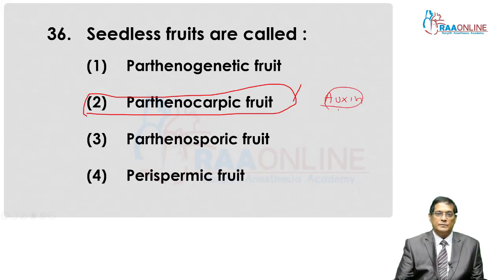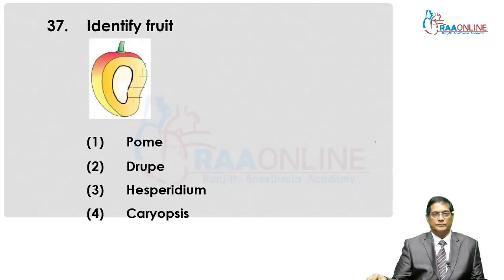So parthenocarpy can also be induced with the help of auxin. And banana is a natural parthenocarpic fruit.